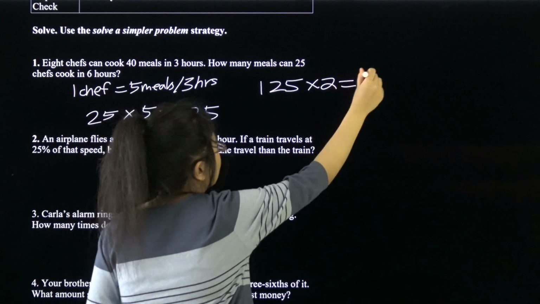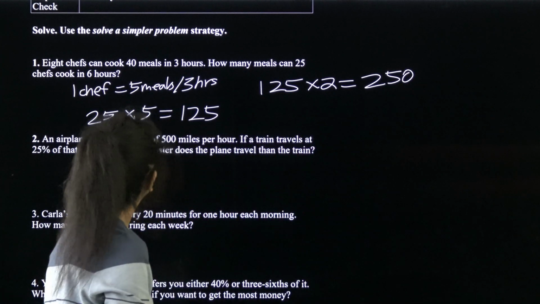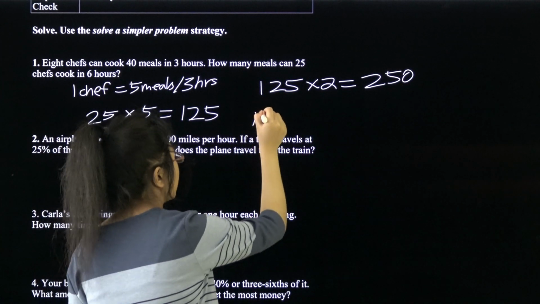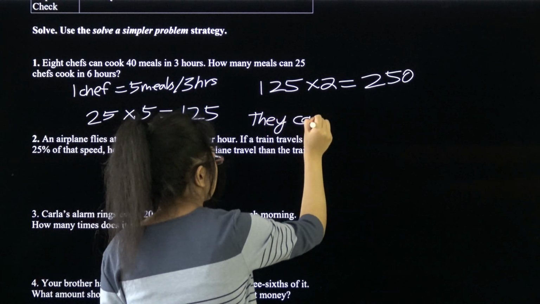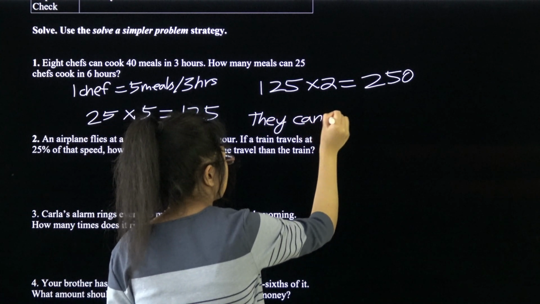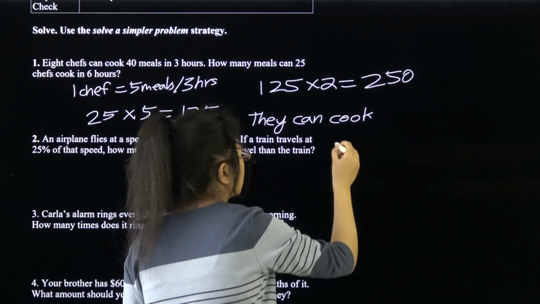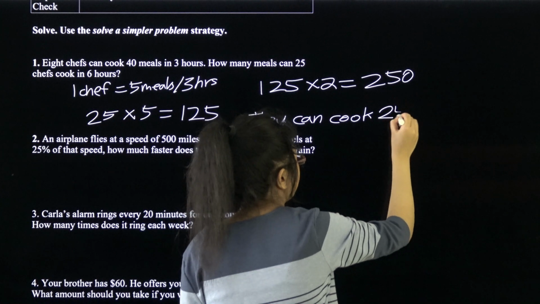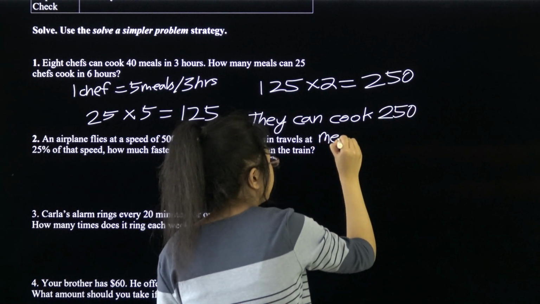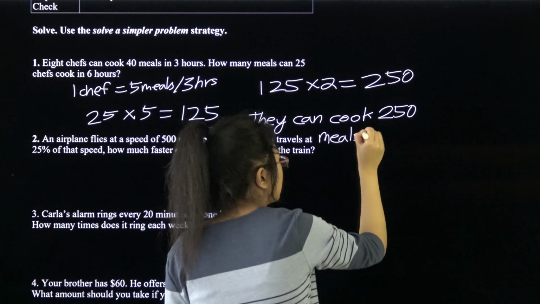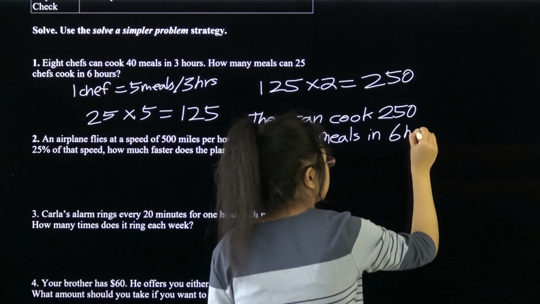So that's 250 meals. They can cook 250 meals in 6 hours.